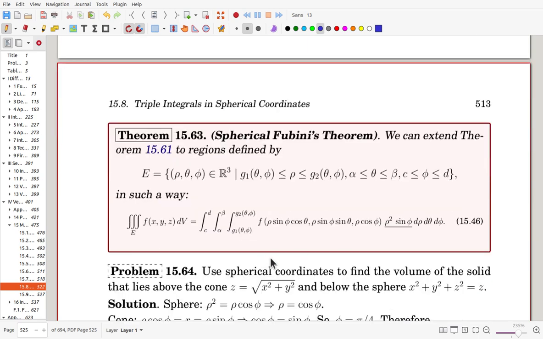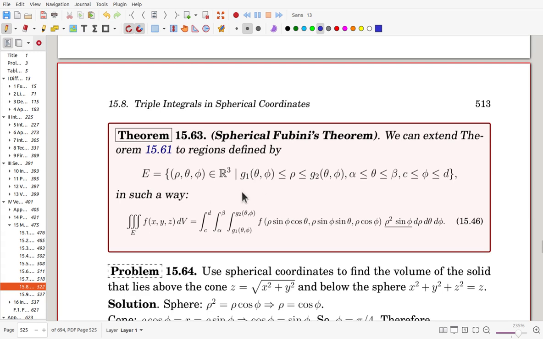Now for more general regions, we can also use the Fubini theorem, so we call it the spherical Fubini theorem. We can extend the theorem to regions defined in this way, by rho, theta, phi.